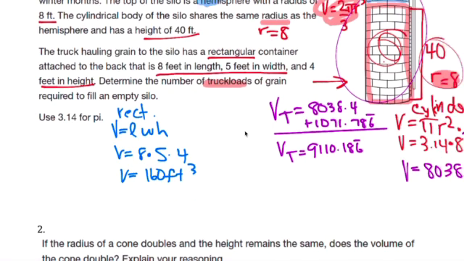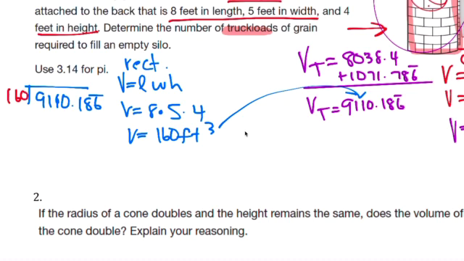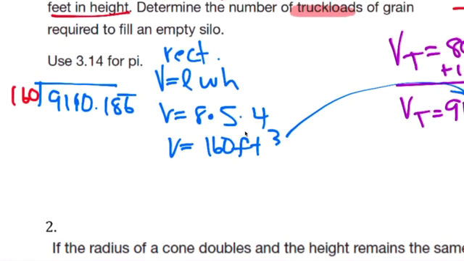Now to find out how much it can haul, you basically divide this number into that. So you divide 9110.186 repeating, put that in your calculator, and then put the division sign by 160. You'll get the answer of 56.9.